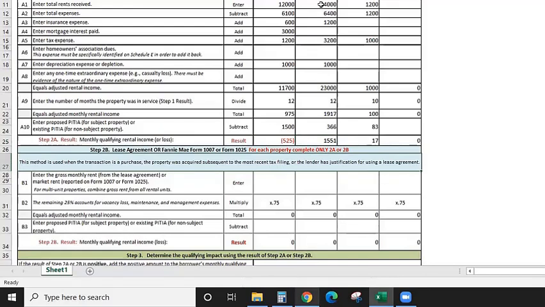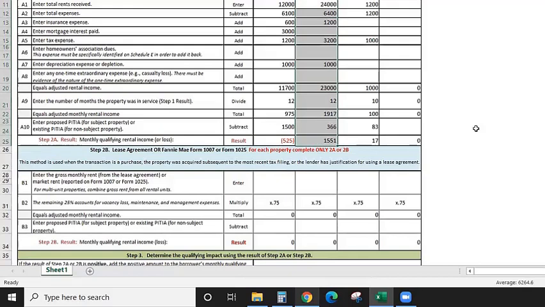Whenever someone is not able to show us the income on their tax returns, if they are purchasing that property or they recently purchased the property, there is a possibility of that.